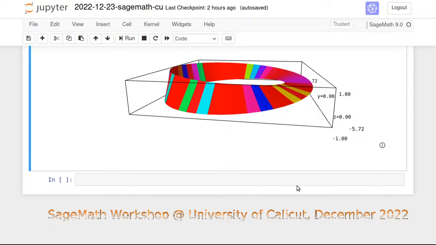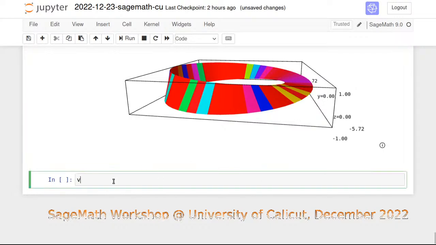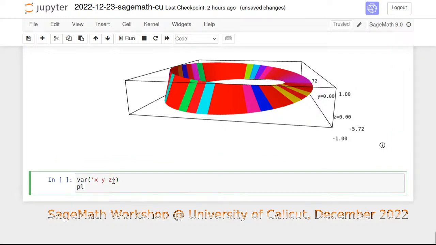So for plotting a vector field, we just need to use the plot_vector_field3d command. Let's define 3 variables.